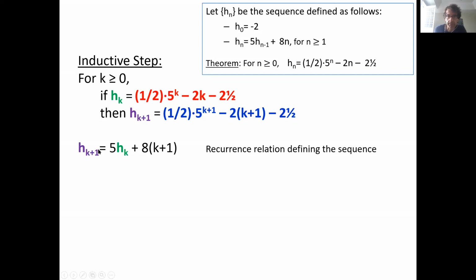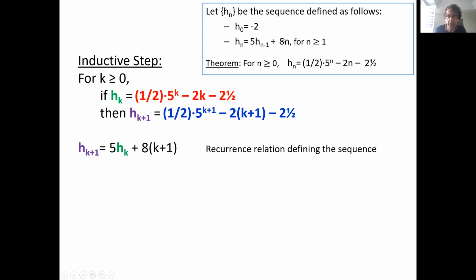So let's use it, right? By the recurrence relation, I can rewrite the purple guy as 5 times the green plus this term. Now, don't mess up values. This is where it's better to do this for a different variable, k, because now you read off that k plus 1 relates to k.